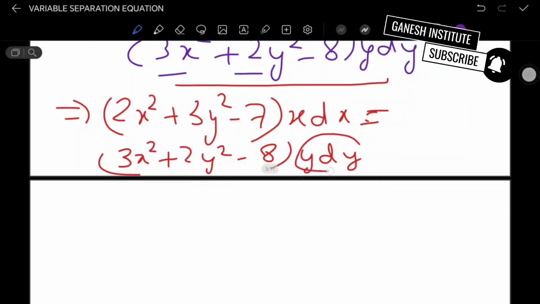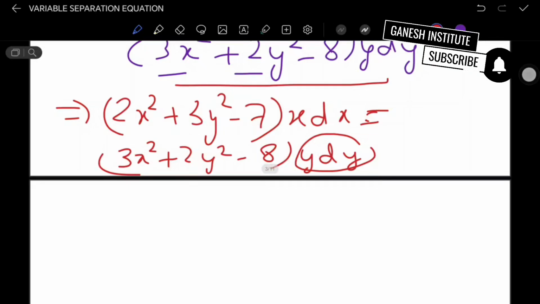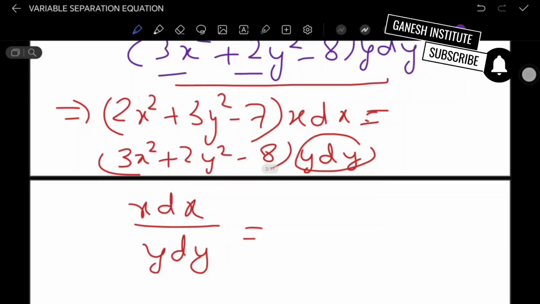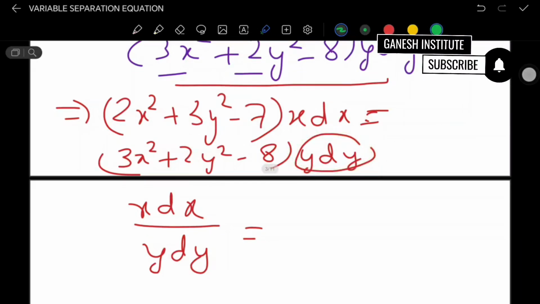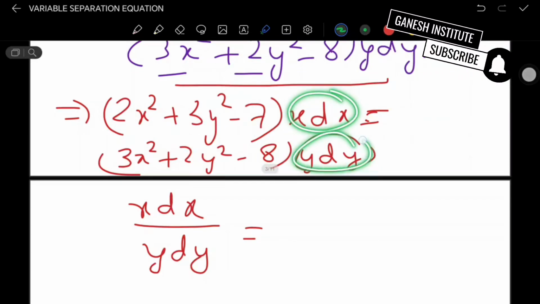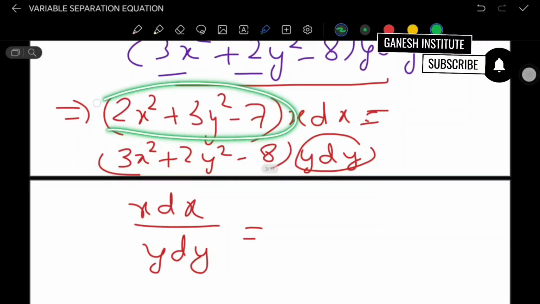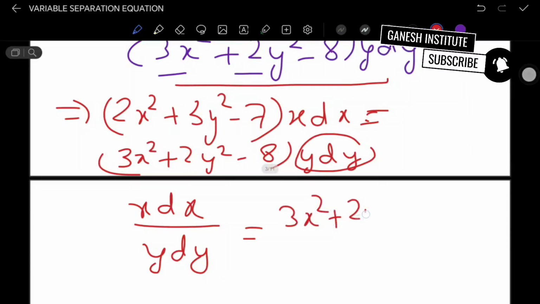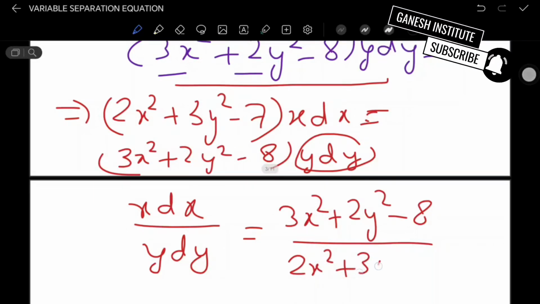Now I'm clubbing the differential coefficients all together, so let me write it as x dx by y dy, and I have brought this down. Now this is the numerator and I'm bringing this down: 3x square plus 2y square minus 8 divided by 2x square plus 3y square minus 7.